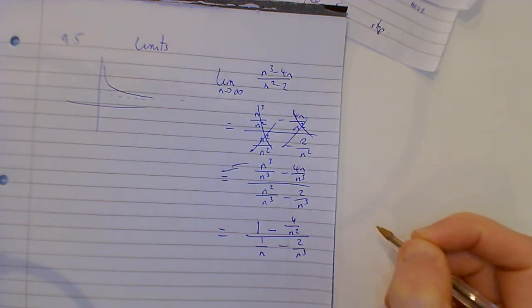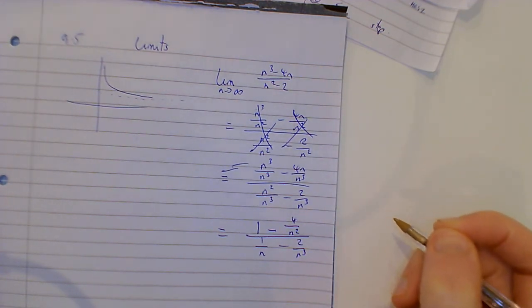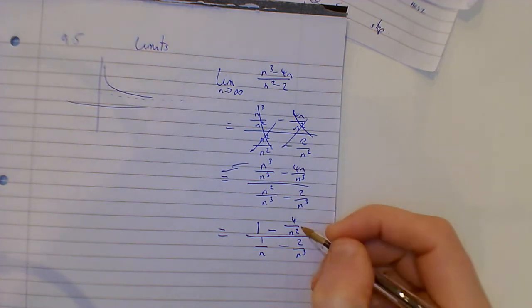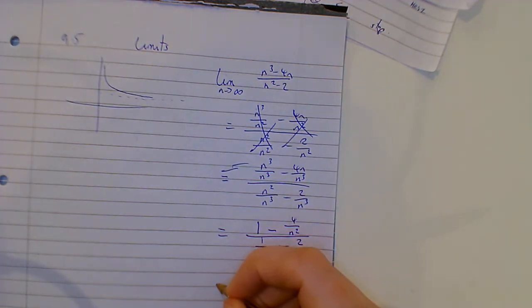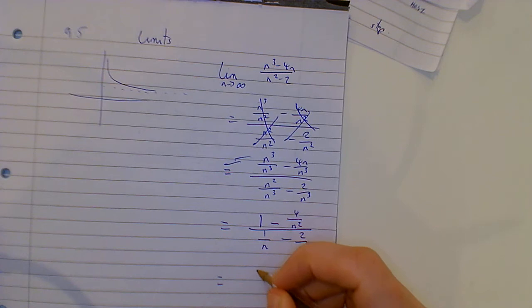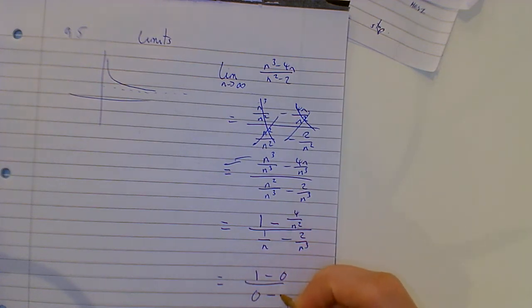Put in your infinity. Put into your calculator, 1 over 100 billion is basically 0. So if that's infinity going in there, then that's going to go 1 minus 0 over 0 minus 0. Okay, which is giving us 1 over 0, which means it's going towards infinity.